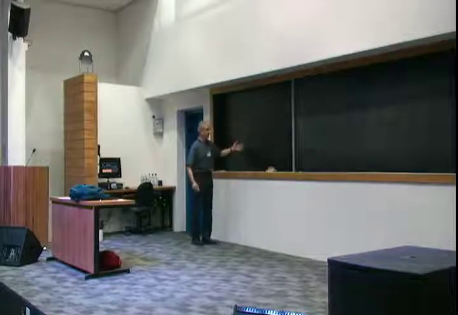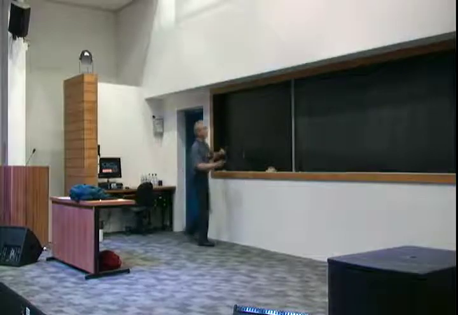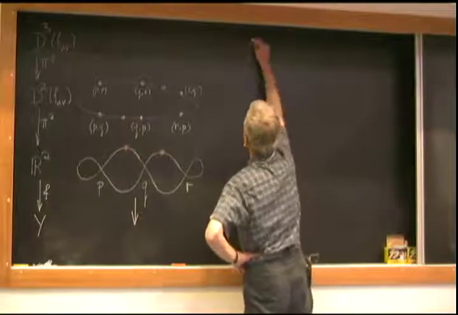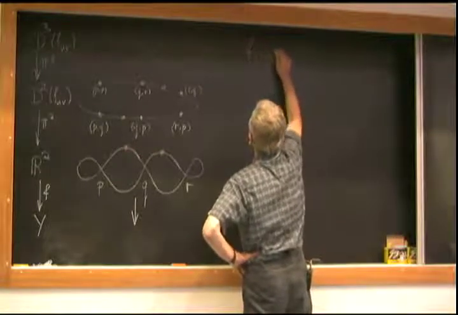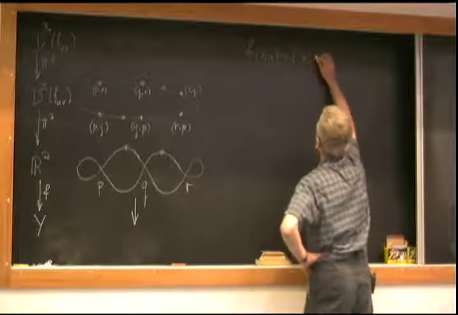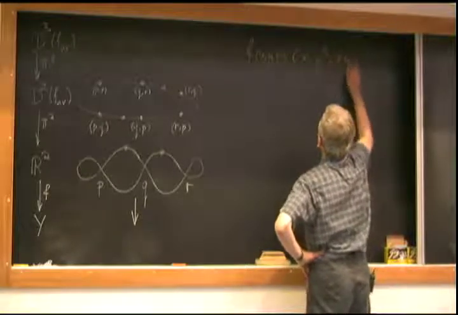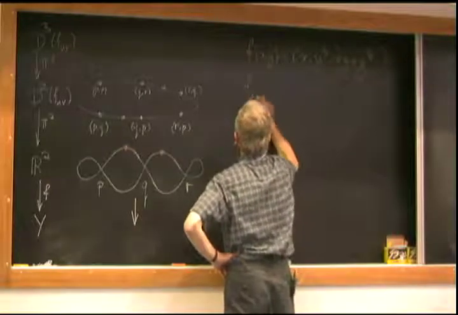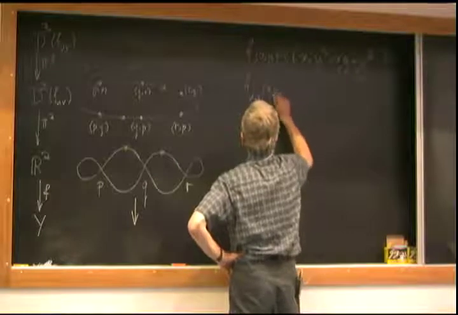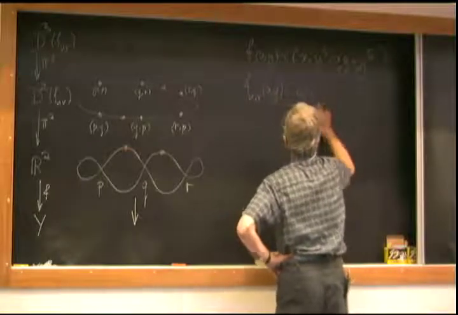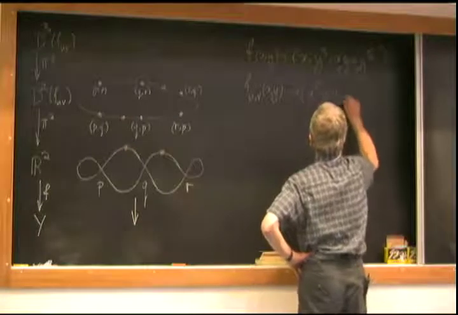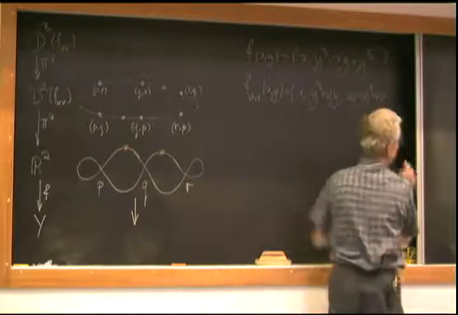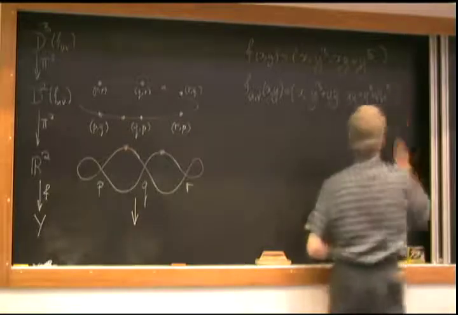with this picture. If you remember, we have a map. Well, I'll put it up here. We started off with f of x, y equals (x, y cubed, xy plus y^5), and then I made a deformation, f sub u v of x, y equals (x, y cubed plus u y, xy, y^5 plus v y squared).